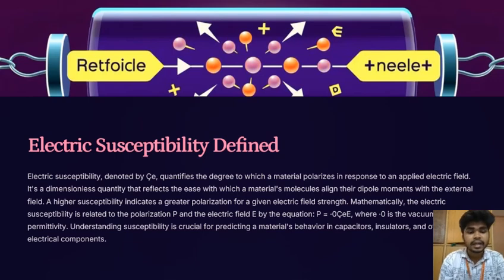Mathematically, electric susceptibility is related to polarization P and electric field E by the equation P equals chi epsilon naught E, where epsilon naught is the vacuum permittivity. Understanding susceptibility is crucial for predicting material behavior in capacitors, insulators, and some electronic components.